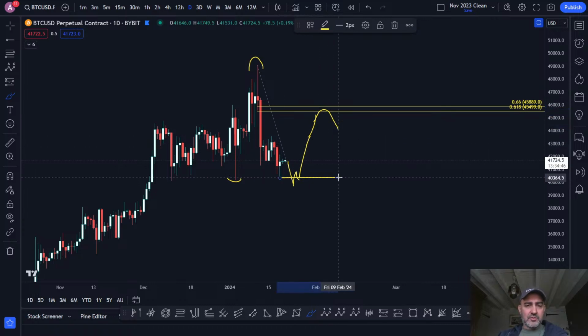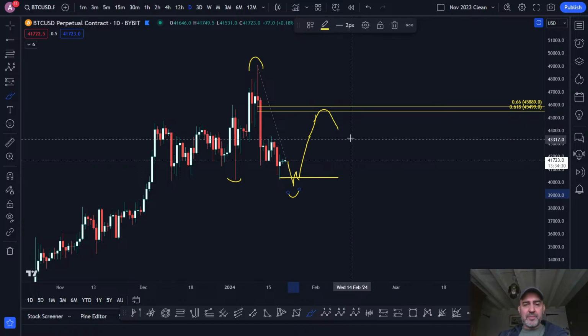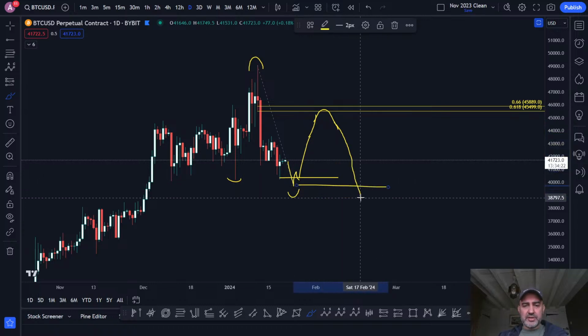If we fail to continue after we make a lower low, then there will be a lower high trade, and then the confirmation, if you make a lower high, is another lower low. That would be the confirmation of a market structure change.